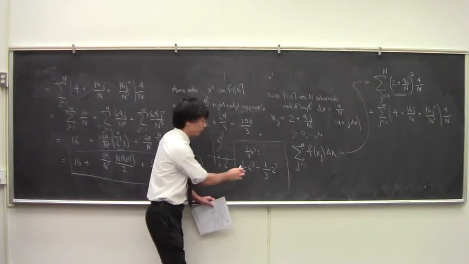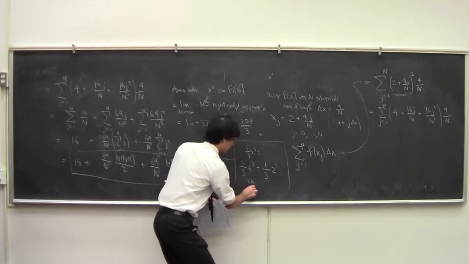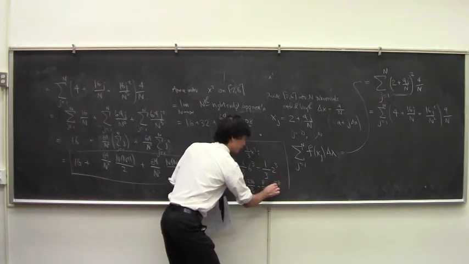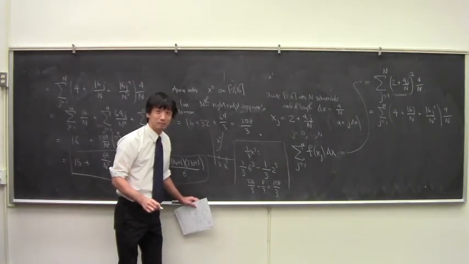What do we get? Well, 6 cubed is 216. So 216 over 3 minus 8 over 3 is 208 over 3. Okay, so that's what's coming.